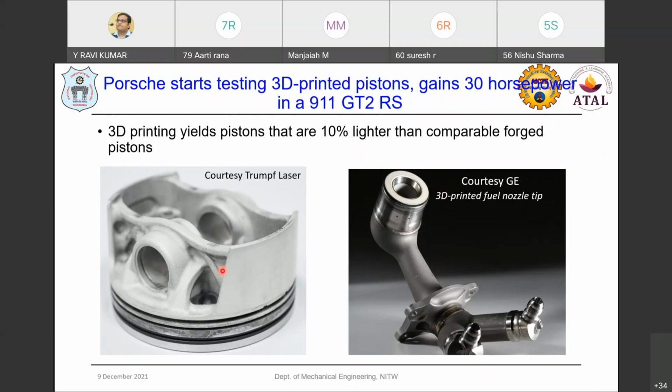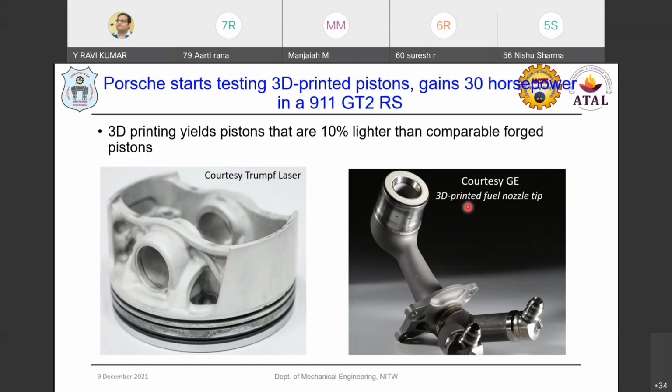The weight is reduced because of the topology optimization, and 30 horsepower is gained in the 911 GT RS, the Porsche car, because of the quality, the strength, and the lighter part. That's why the horsepower gained in the car's engine is more.